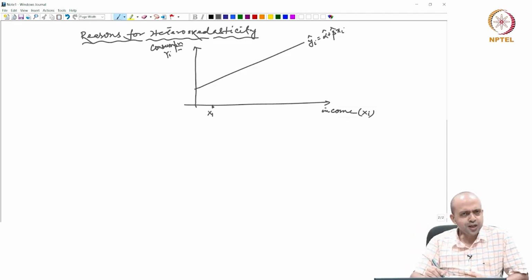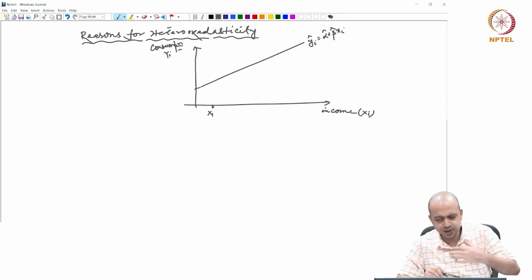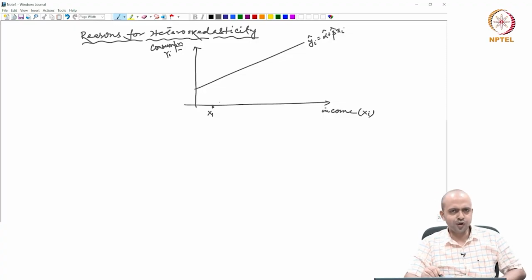Okay. So, for any given value of x, you will see some observations on y will lie for some individuals. That means, using this regression line, you are basically trying to predict the individual's consumption. Okay.